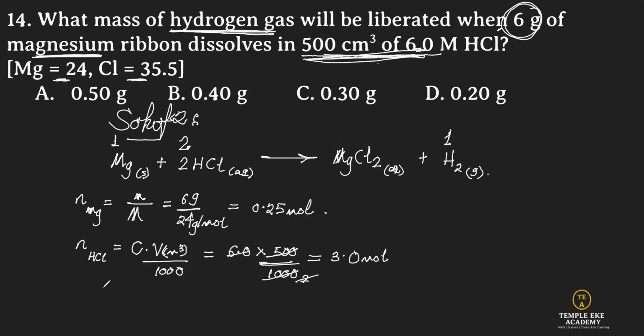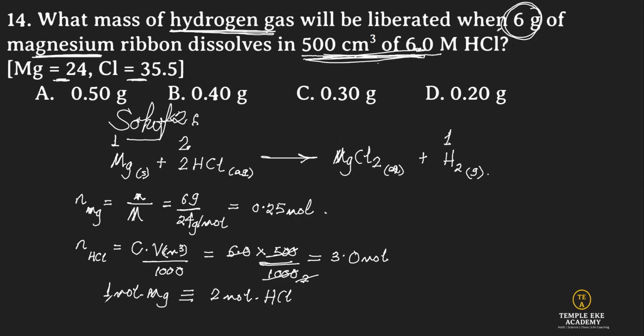And now, we can judge clearly from our stoichiometric coefficients, 1 mole of magnesium requires 2 moles of HCl. So 1 mole of magnesium requires, I'll use the equivalent sign, 2 moles of HCl. And let us take the lower amount, 0.25 mole of magnesium.